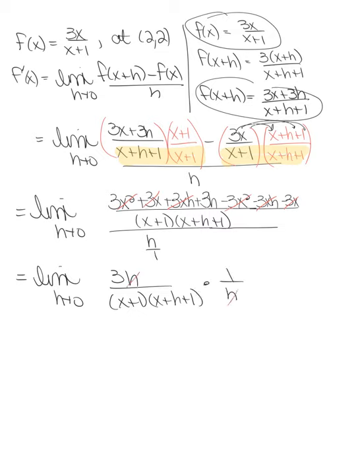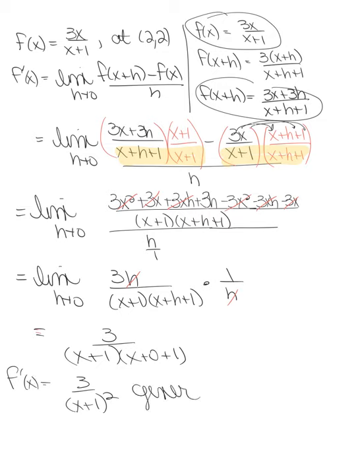It looks like the h's will cancel here, and I can go ahead and do my direct substitution. This will then give me 3 divided by x plus 1 times x plus 0 plus 1, or simply 3 divided by x plus 1 quantity squared. And remember, this is what we call the general slope.